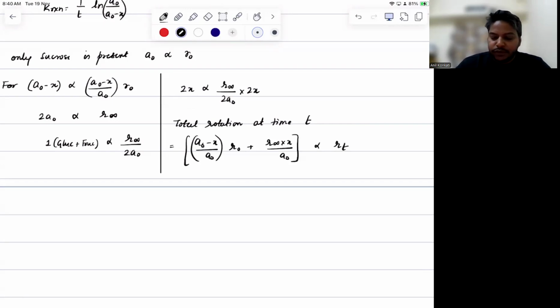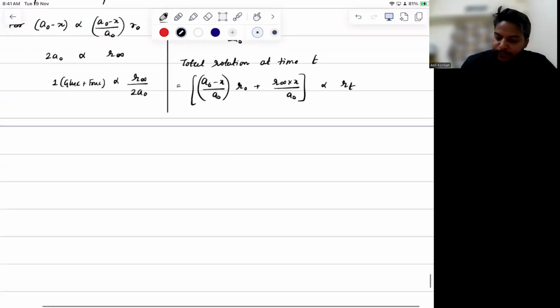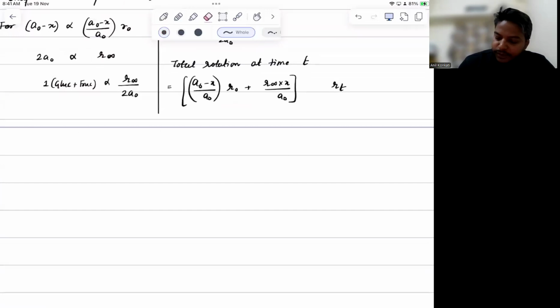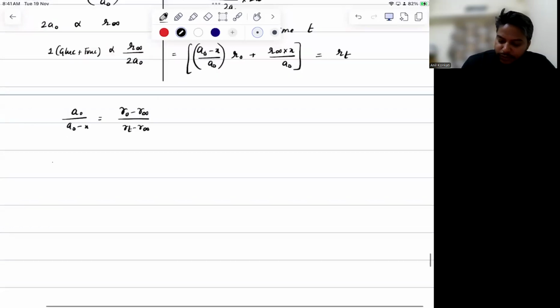Clear? So now using this, if you compare, this is equal to Rt. So we will get A naught by A naught minus X is equal to R naught minus R infinity by Rt minus R infinity. Therefore, the final formula you will get is K reaction is equal to 1 by t ln R naught minus R infinity by Rt minus R infinity.